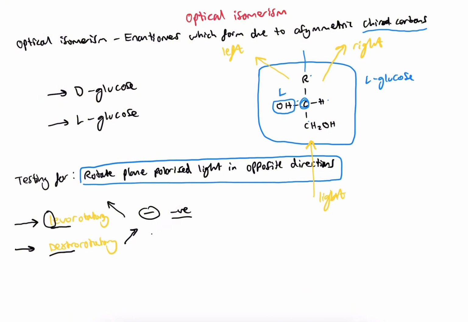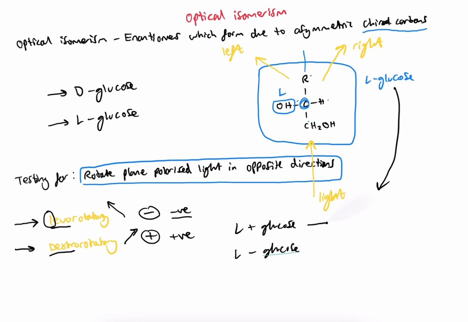And with dextrorotatory, we're going to give it a positive symbol, so like this. Now what this means is we can have, with L-glucose, L positive glucose, and L negative glucose. And the same works for D-glucose as well.